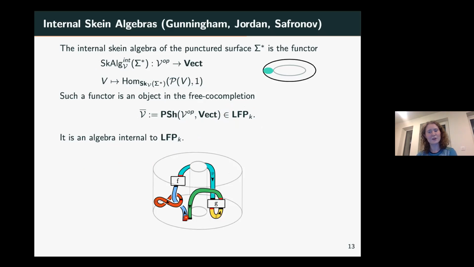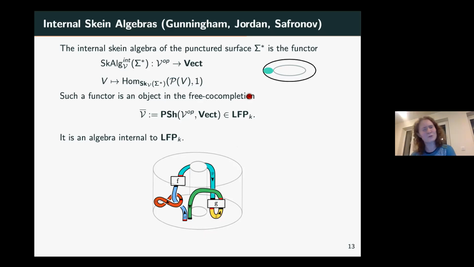And if you think about what the product would be, you stack, because you could essentially take points here and draw them up, and you end up with a disk, and you end up with a monoidal product.